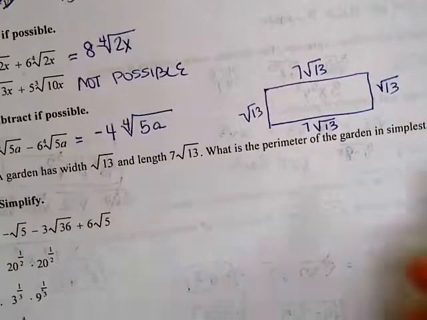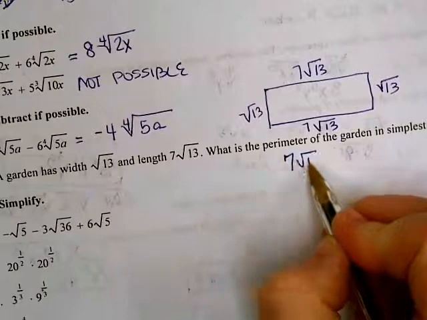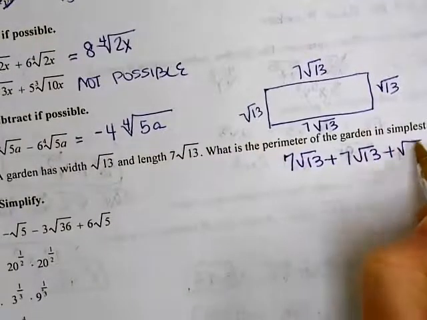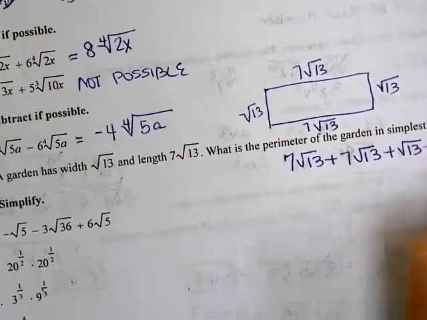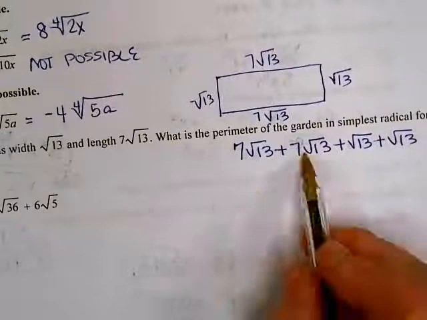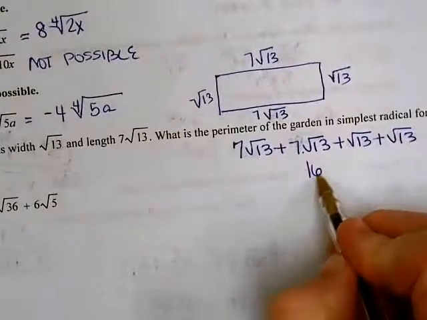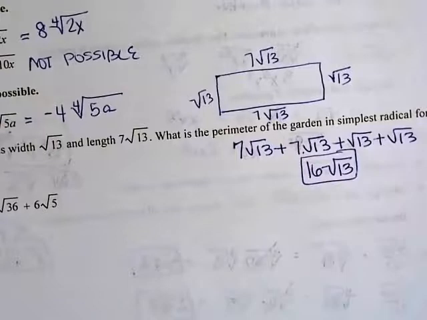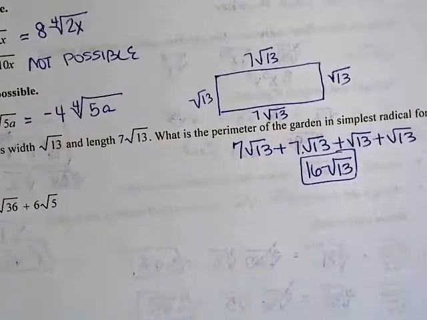You add up all the sides. So 7 square roots of 13 plus 7 square roots of 13 plus the square root of 13 plus the square root of 13. And that gives me 14, 15, 16 square roots of 13. Okay?